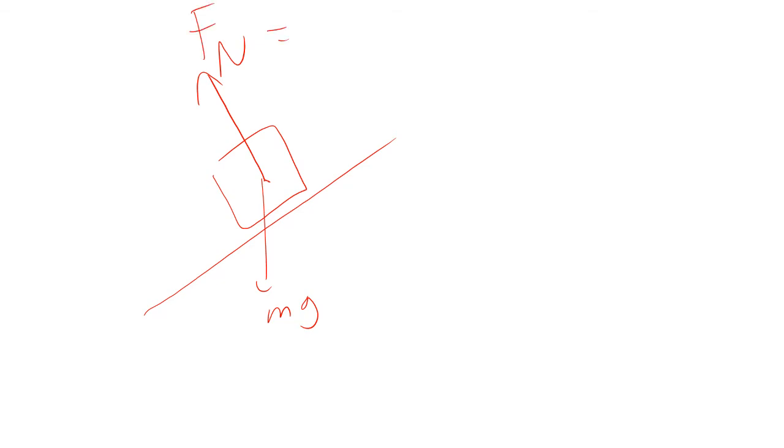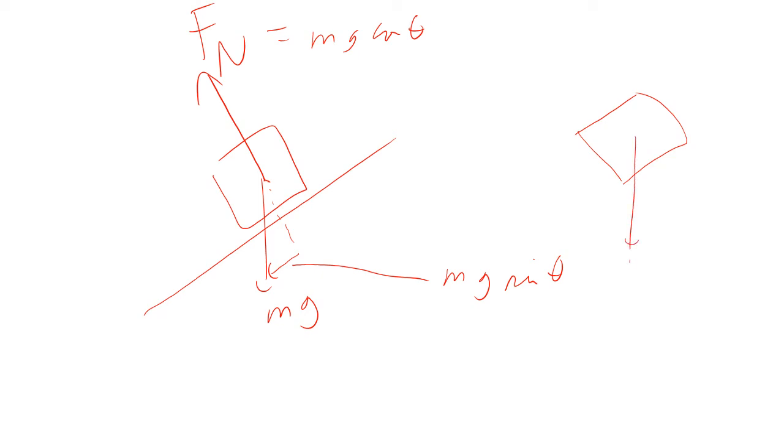We know the normal force is mg cosine theta, but what about this right here? That component right there is mg sine theta. So that means that if you draw a free body diagram for this thing, we've got mg pulling down, we've got normal force like that, so these two add together to make this mg sine theta.